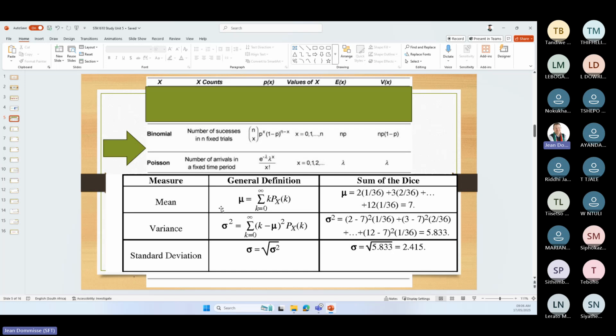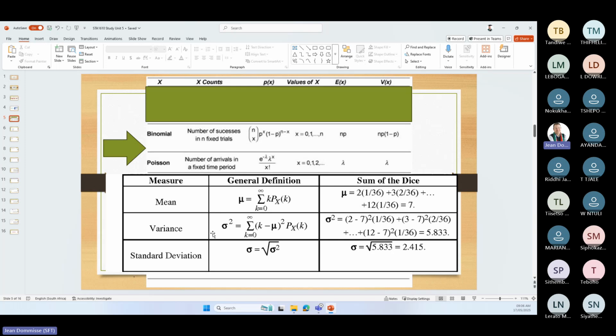And then the discrete probability is a bit more difficult, but again, I will show you in an example. We will work out the mean and the variance if needed.